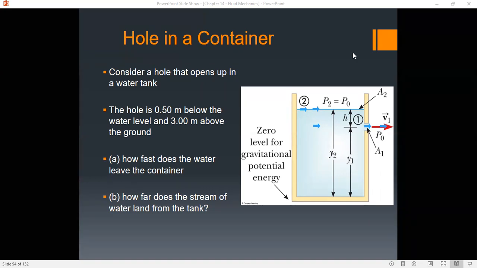So let's see the calculations as they happen here. Let's say we have a hole that's half a meter below the water level and 3 meters above the ground. How fast does the water leave the container? Well, again, we're comparing what the fluid is doing at the top, where it's not moving, to the fluid leaking out of the side.